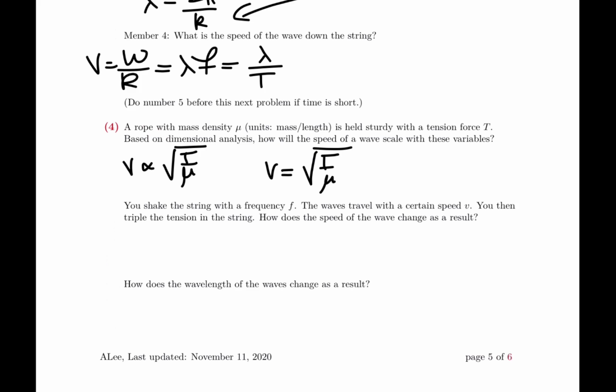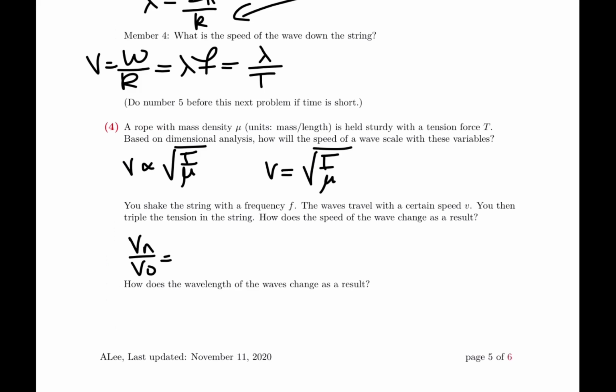You shake the string with a frequency f, and the waves travel down the slinky or rope with a certain speed v. You then triple the tension in the string. How does the speed of the wave change as a result? So in this case, you could say v new over v old. Utilizing the fact that traveling waves move through a medium and their velocity only depends on the medium itself, you know, the temperature of the air for sound, the tension in the rope in this case for a slinky or a rope wave.